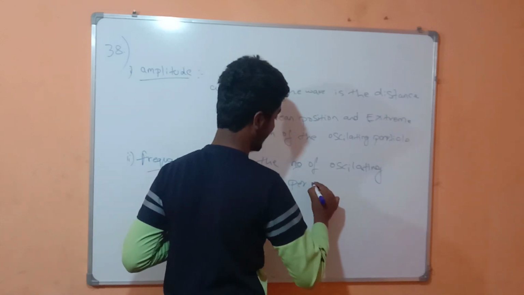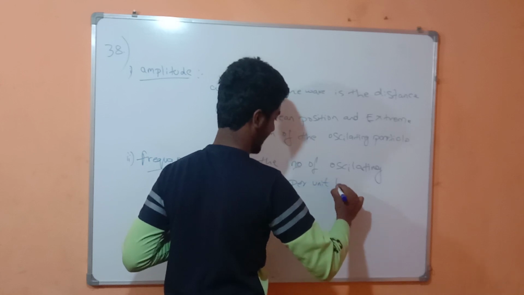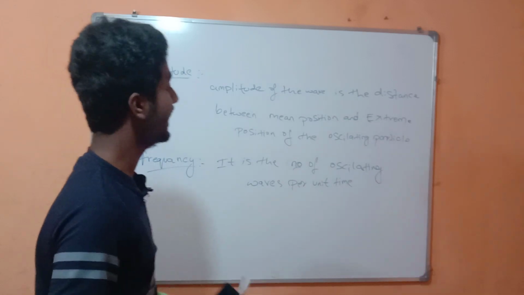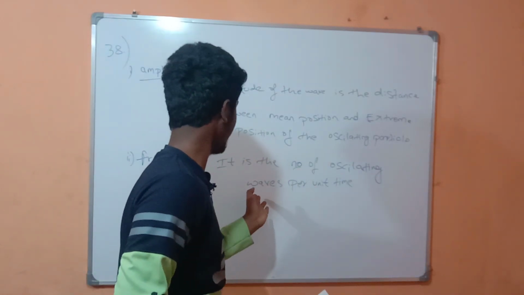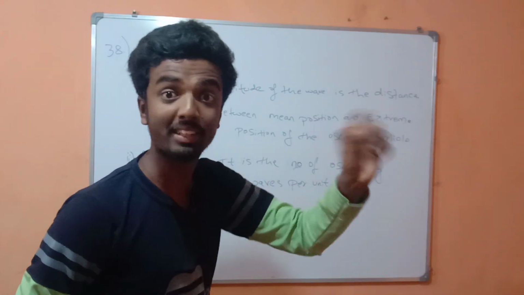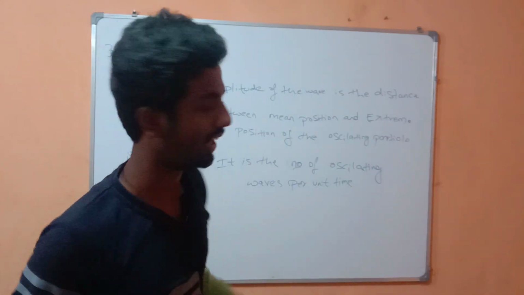This is very important, children. Per unit time, this is the main phrase. Frequency means the number of oscillating waves counted per unit time, for how much per second, per minute, per hour, like that, children.